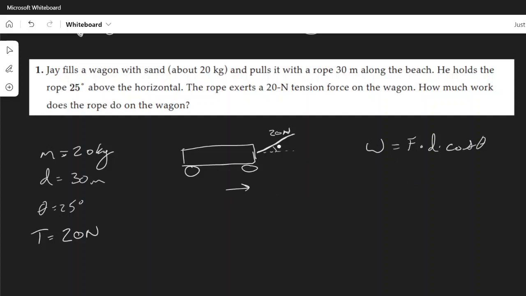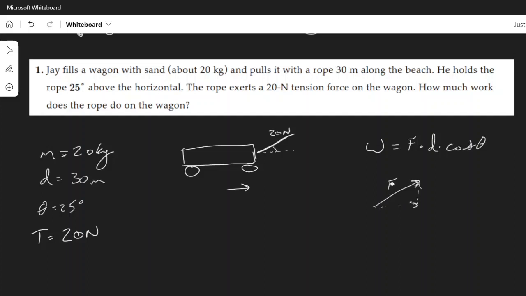If it's being pulled at an angle, it's really only a part of the force that's doing any work in the strict physics sense. If I break my force into components, it's the part right here. It's the horizontal part. That's where that cosine comes from.